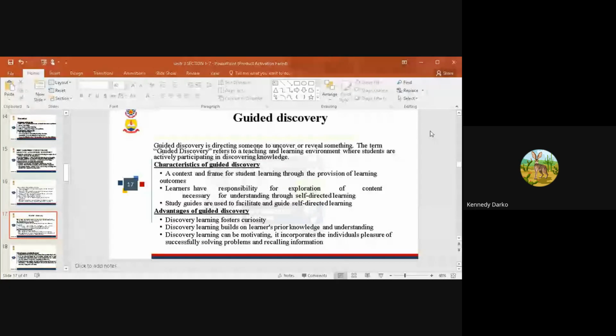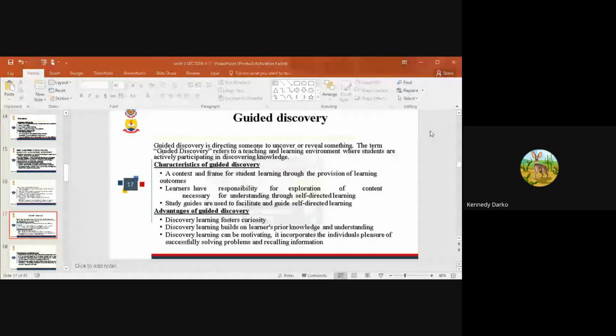Discovery learning builds on learners' prior knowledge and understanding. Whatever the students knew previously, the RPK, you base on that prior knowledge to link it to the new knowledge. Discovery learning can be motivating.